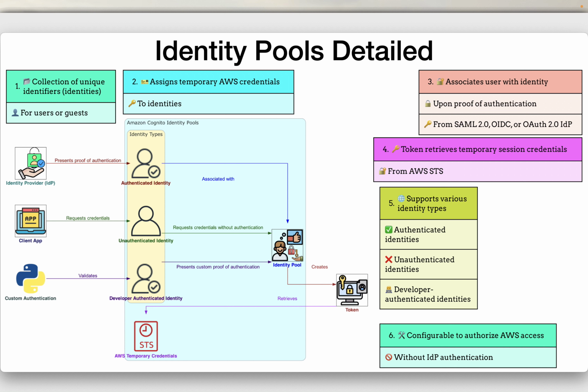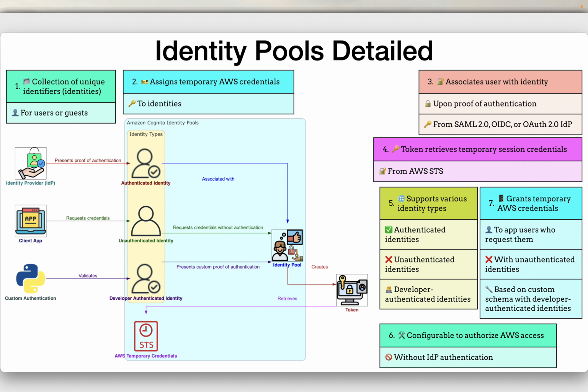You can configure an identity pool to authorize AWS access without requiring IdP authentication. With unauthenticated identities, you can grant temporary AWS credentials to any app user who requests them.